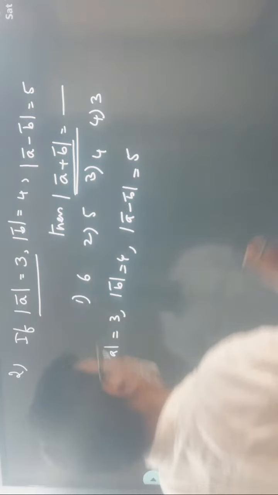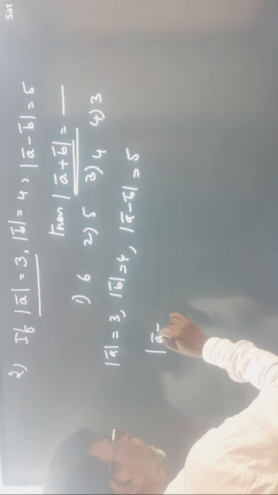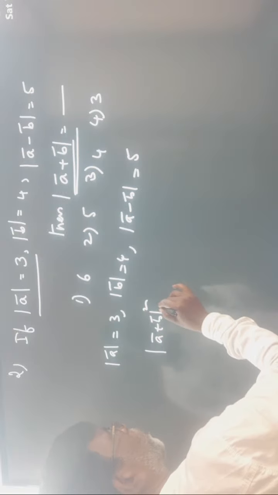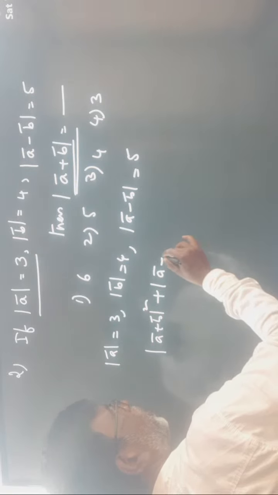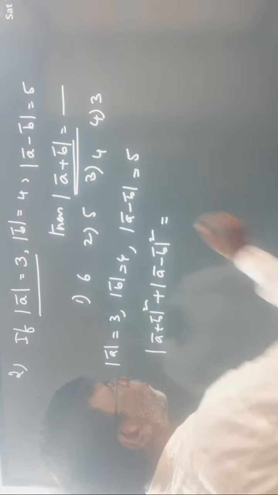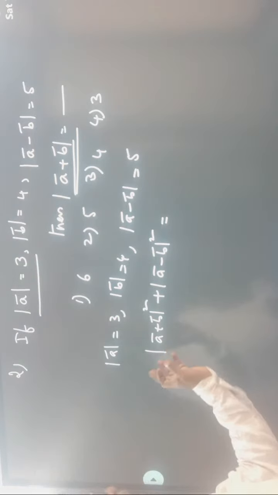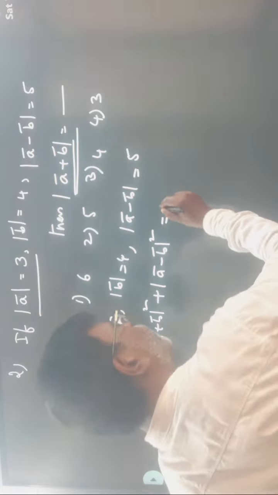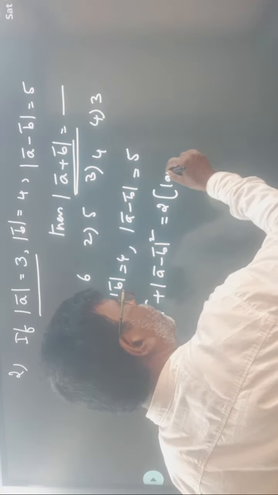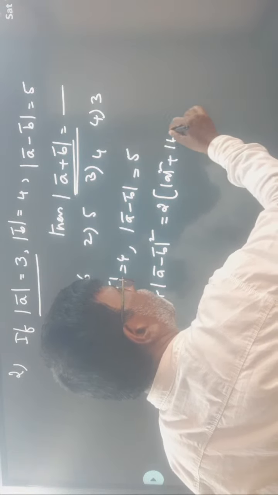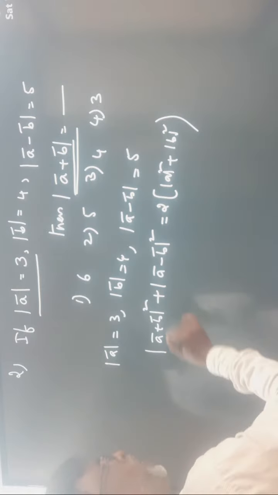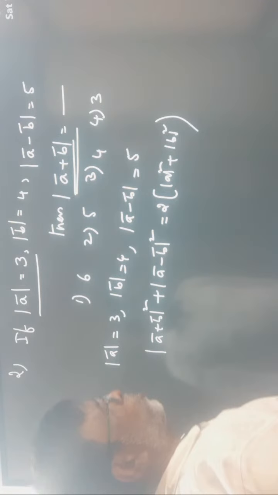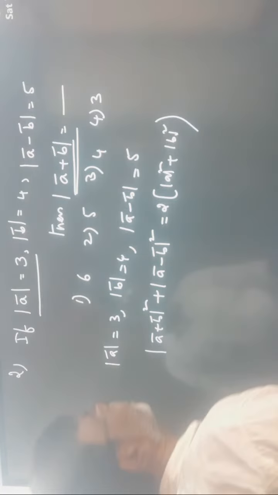Suppose we take mod (a bar plus b bar) whole square plus mod (a bar minus b bar) whole square. That equals 2 into mod a square plus mod b square, since 2a dot b and minus 2a dot b cancel. That is 2 mod a square plus 2 mod b square. This we have to find out.